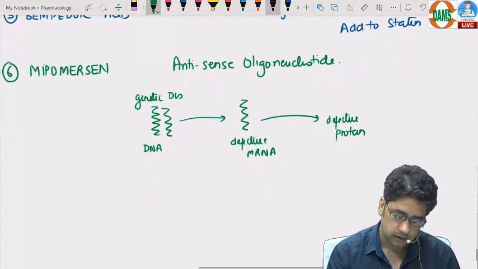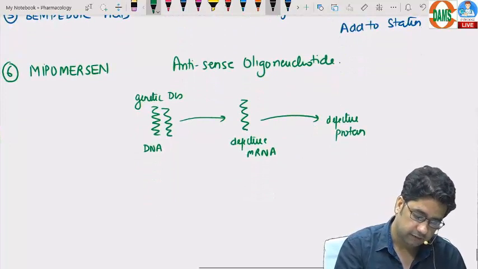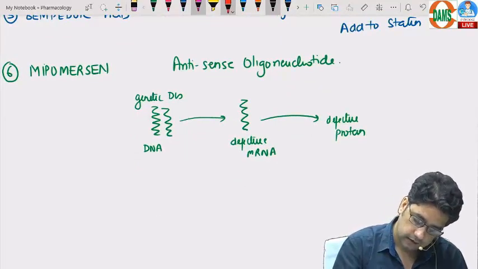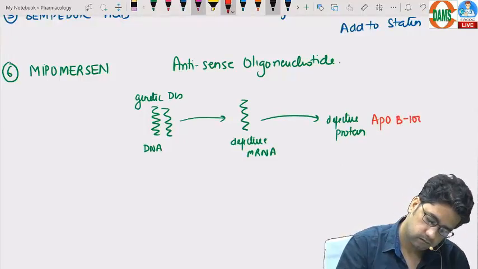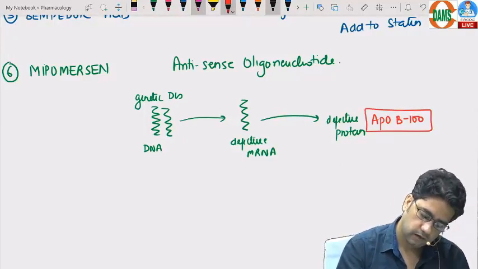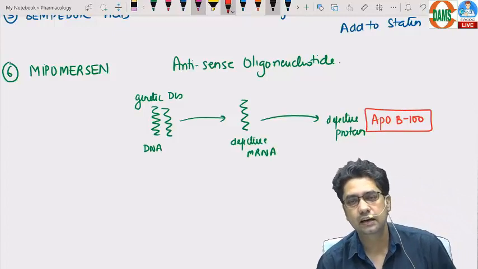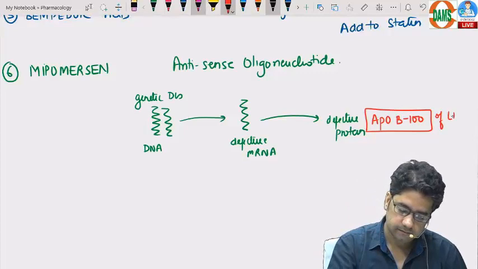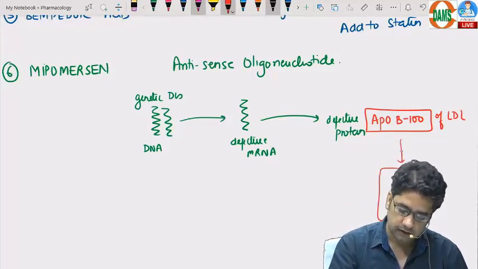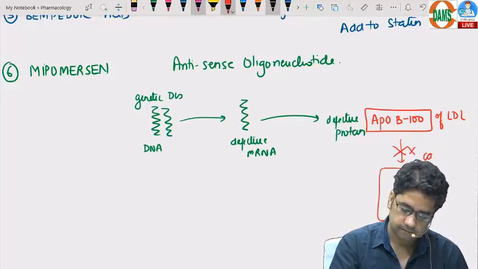Let's call that defective protein ApoB100. This ApoB100 of LDL, liver cannot uptake.